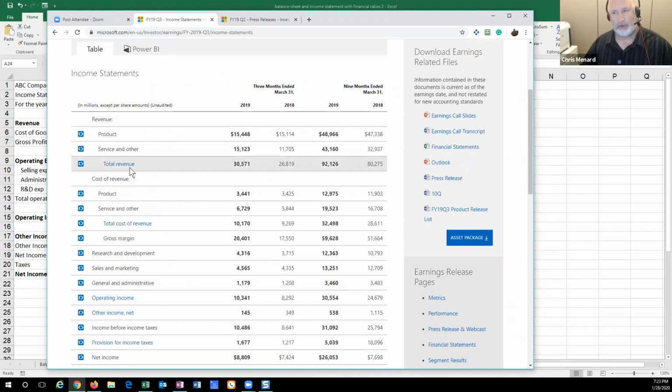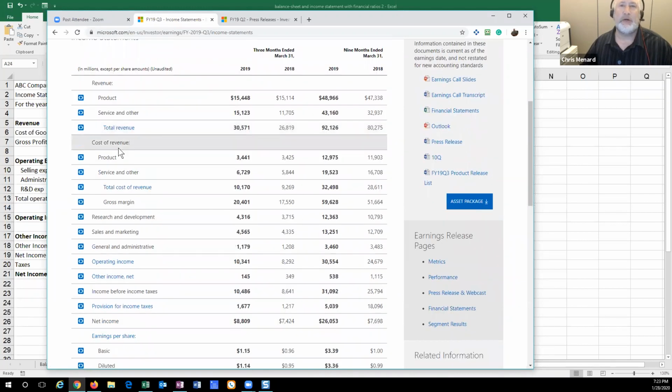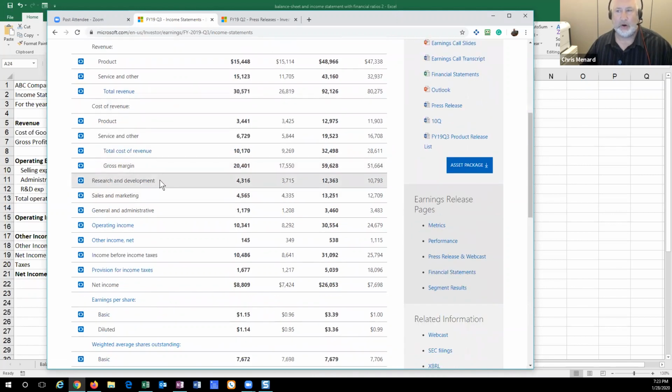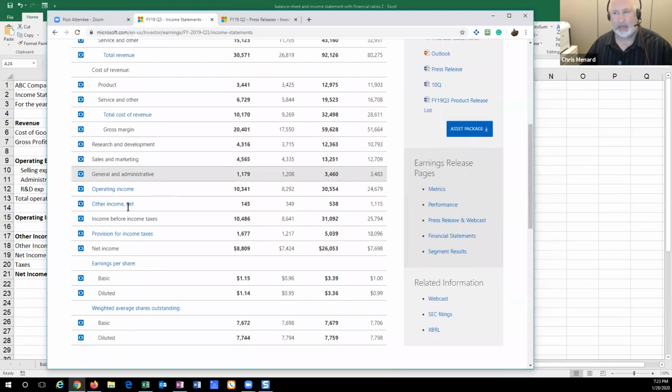There's total revenue, cost of revenue. Cost of revenue also is cost of goods sold. Then there's that gross margin. I called it gross profit. I do see gross margin in here, but again, the ratio is the same. And then we get into our operating expenses, R&D, sales and marketing, G&A, and there's that operating income, again, what I just showed you too. And then we end up with net income.